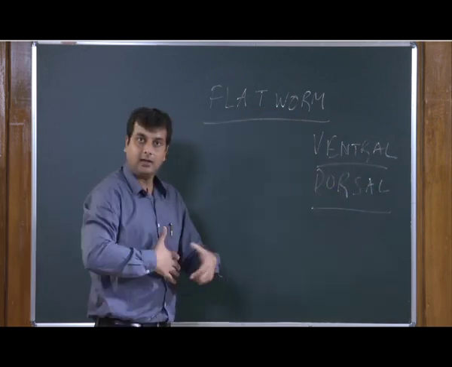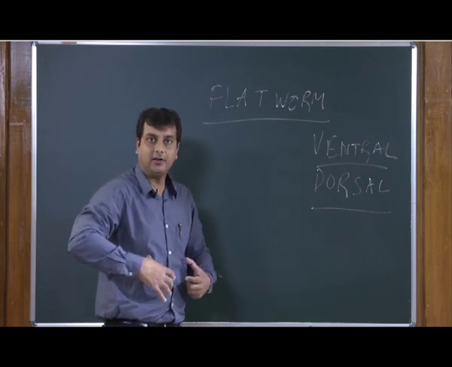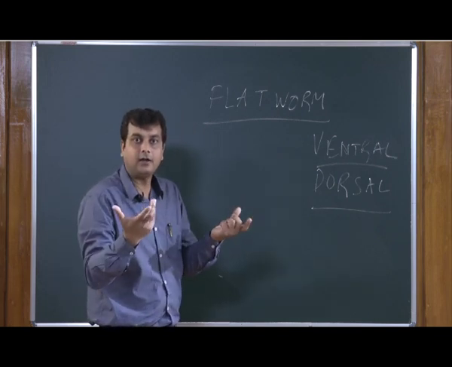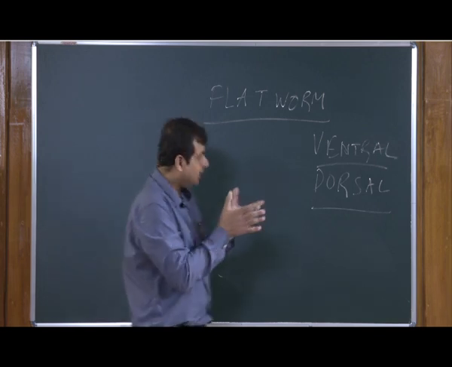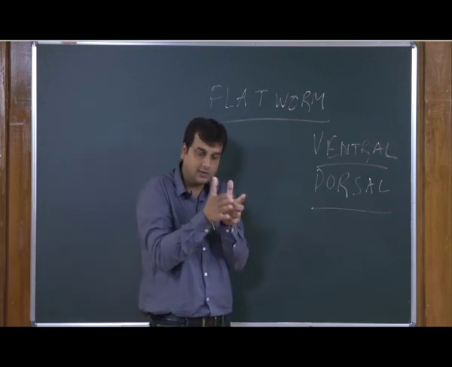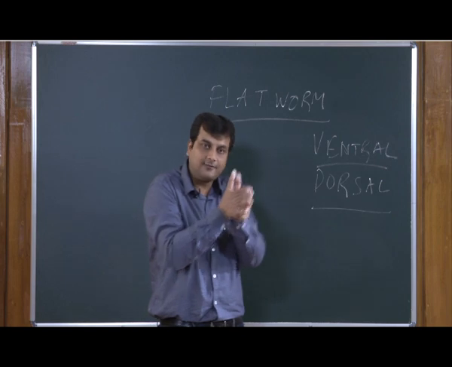In between ventral and dorsal, we have a body cavity. If you remove the body cavity, there is nothing in between. So, if we squeeze between the ventral and the dorsal surface, there will be a flat surface.